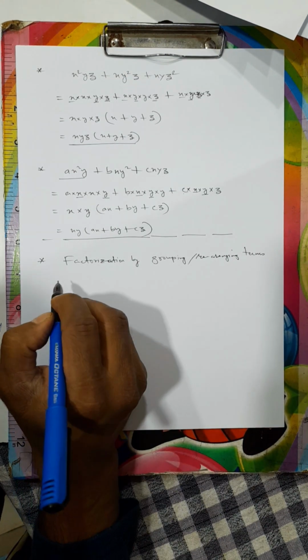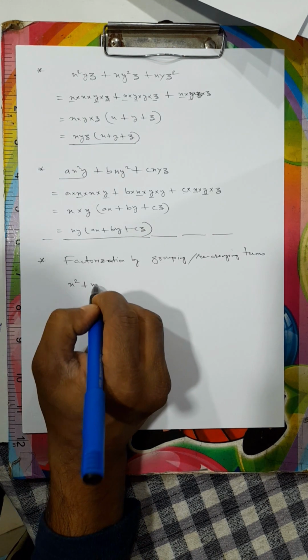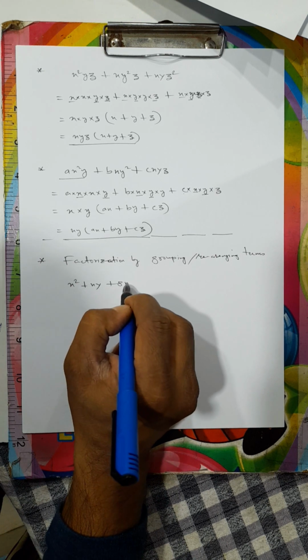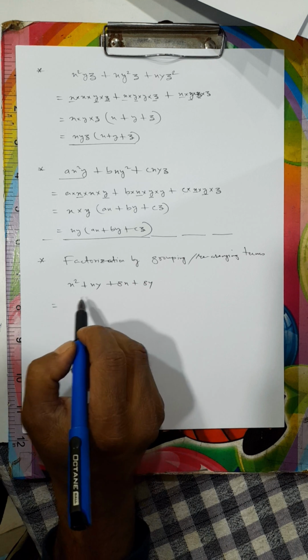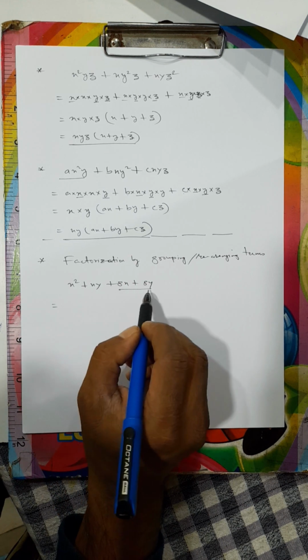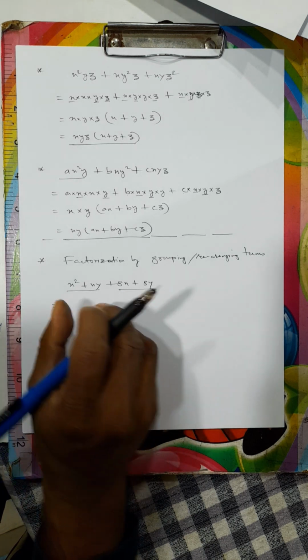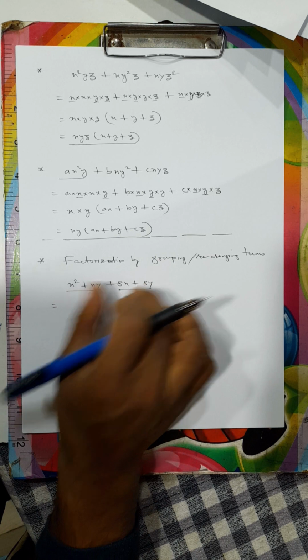Let us do one example here. x square plus xy plus 8x plus 8y. Now you see in these two terms 8 is a common factor, whereas in these two terms x is a common factor. So we can group these two terms together and these two terms together.